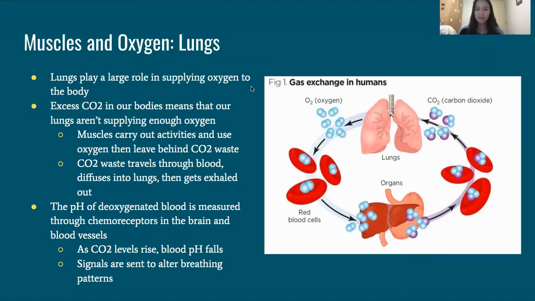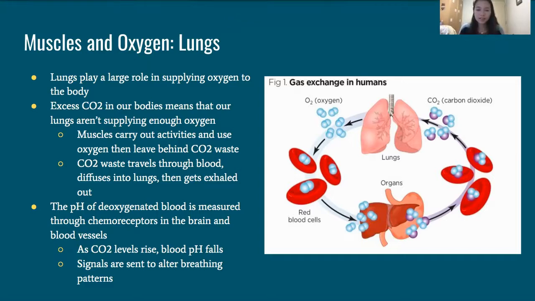As we breathe in oxygen, the oxygen flows through our bloodstream and muscles are able to get this oxygen from our lungs. As we use this oxygen, we produce CO2, which is waste. And this waste travels through the blood and then diffuses back into the lungs and gets exhaled out.